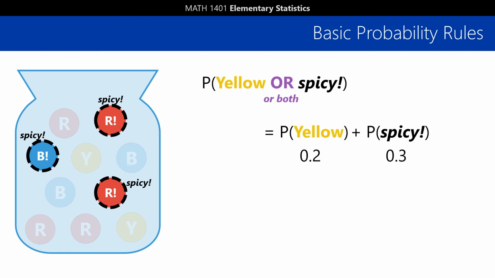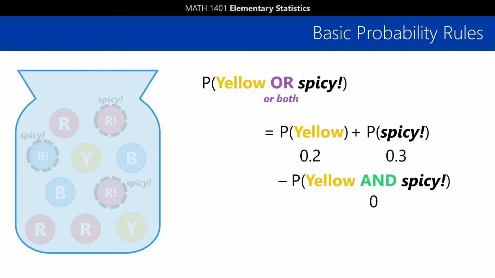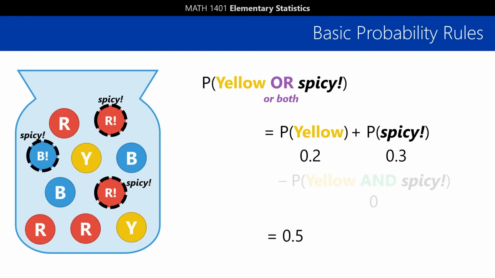So the probability of being yellow and spicy is just 0. So in this case, we can just add the 2 probabilities. And that exactly matches what we said earlier about probability of A or B when A and B are disjoint. Our new addition rule works for our older situation, just by remembering what being disjoint means.